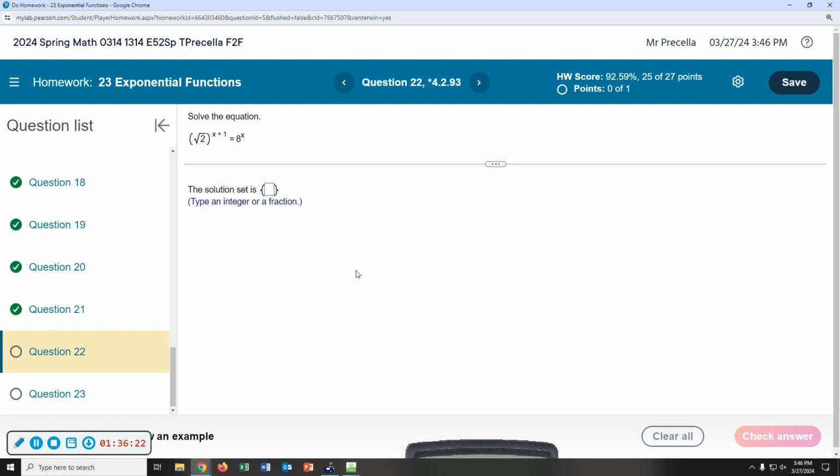This is number 22. We have the square root of 2 to the x plus 1 power is equal to 8 to the x.